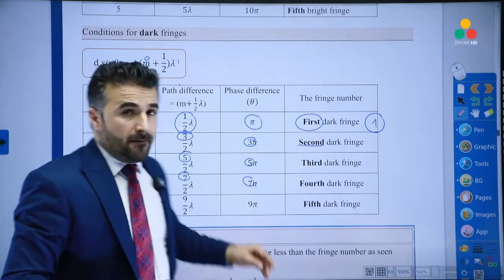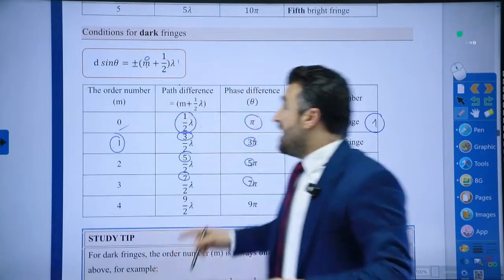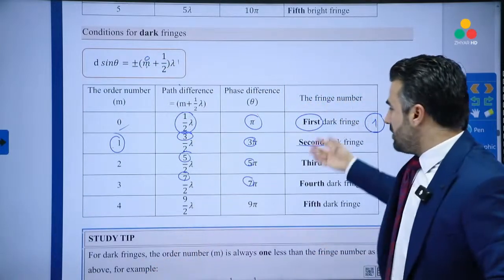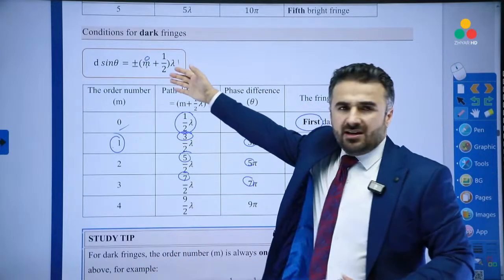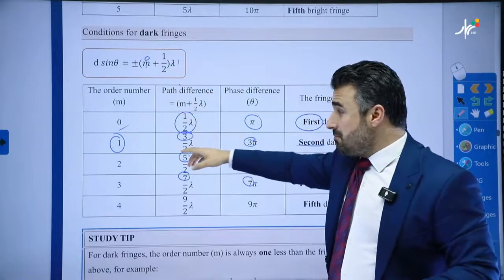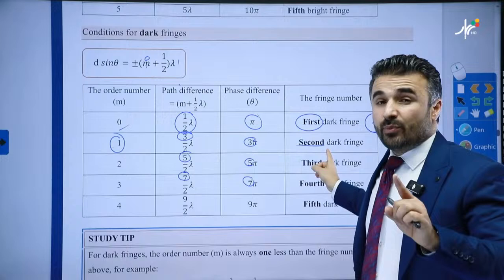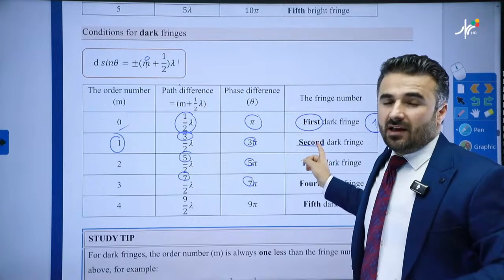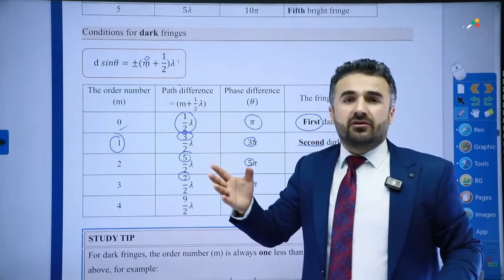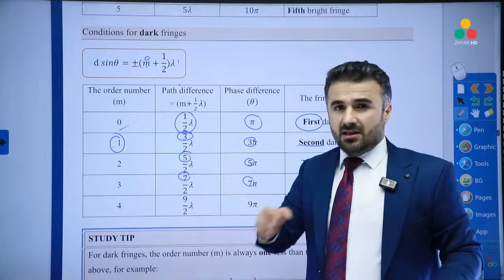Remember, because you'll need m in the equation, more likely they'll give you the fringe number, and you'll have to find m here. So remember, m, the order number, is always 1 less than the fringe number. Like I said, if I say the third dark fringe, that means m is 2.